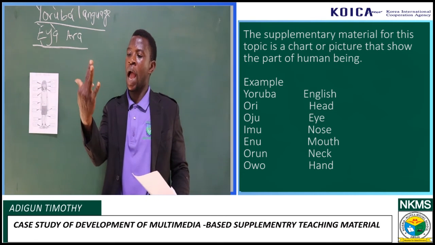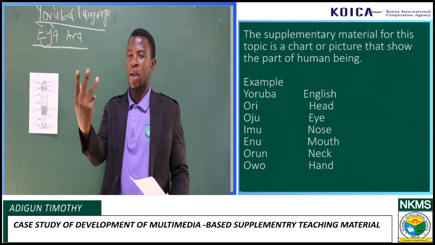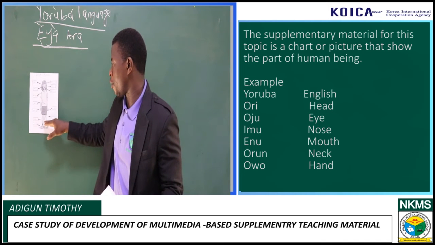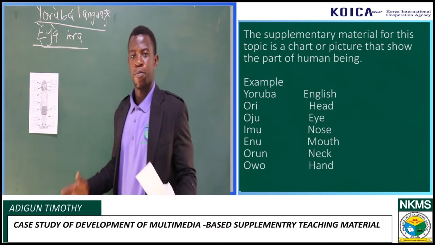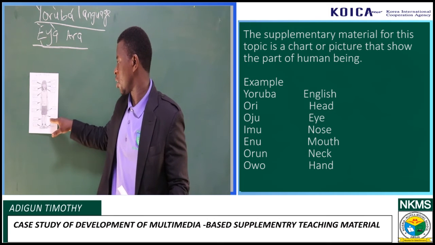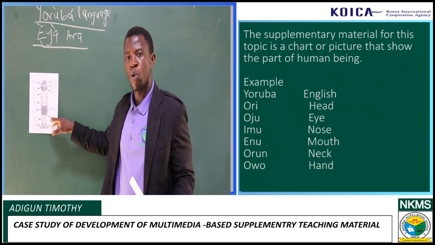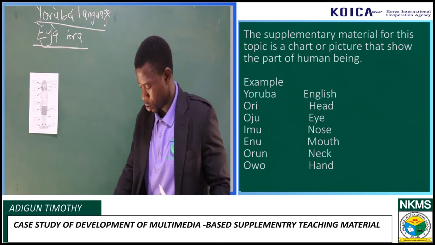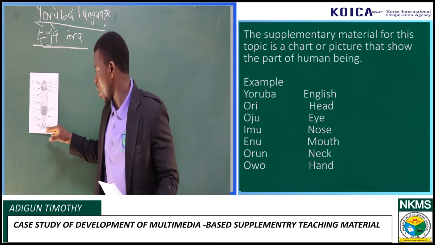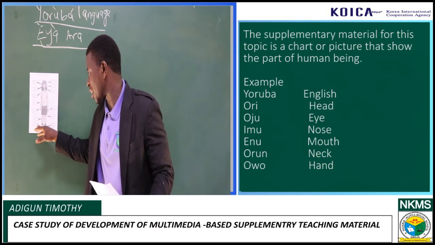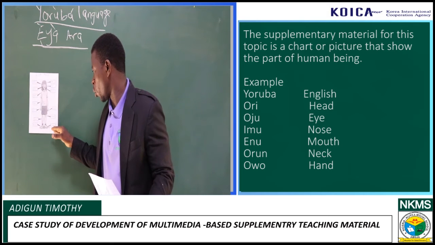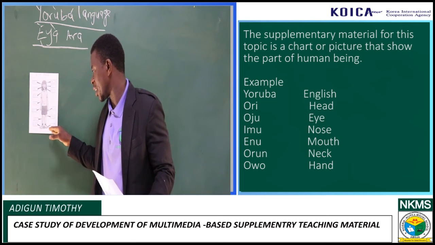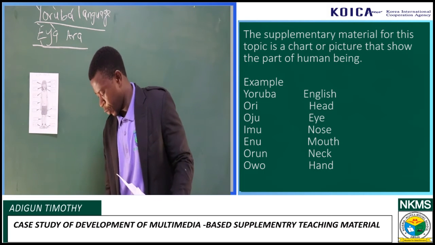Ikawo is your finger. Then we have Ese. Ese is leg. Then we have orokun, that's your joint here. Then we have atelese, that's your toe. Then we have ikaise, that's your finger.